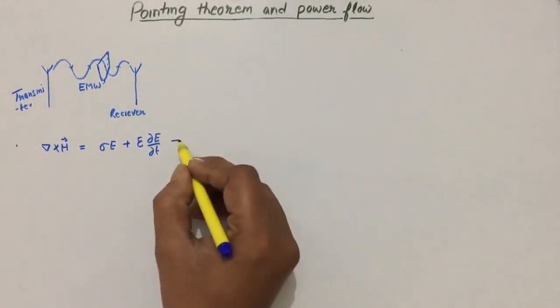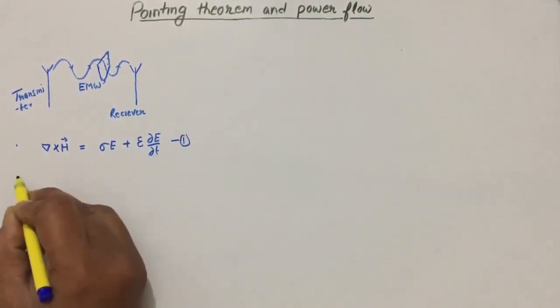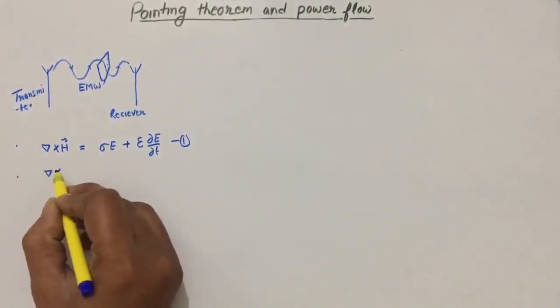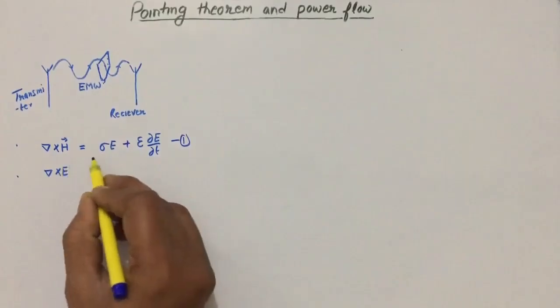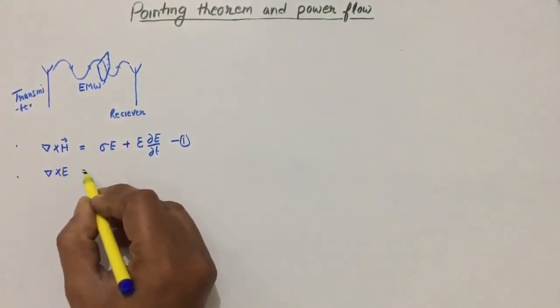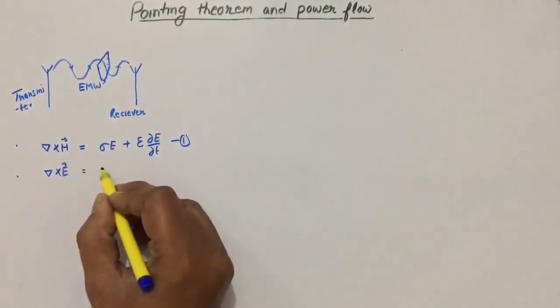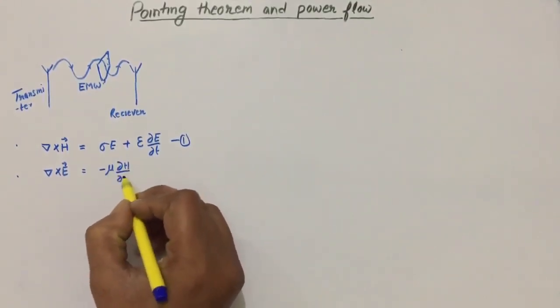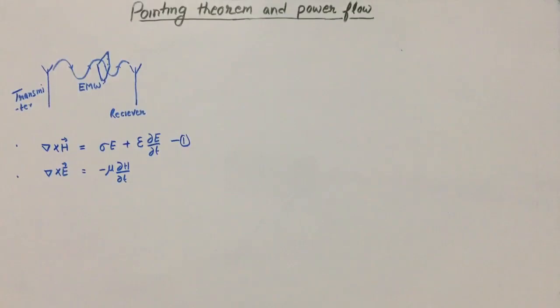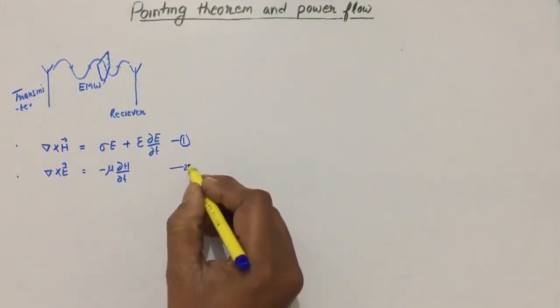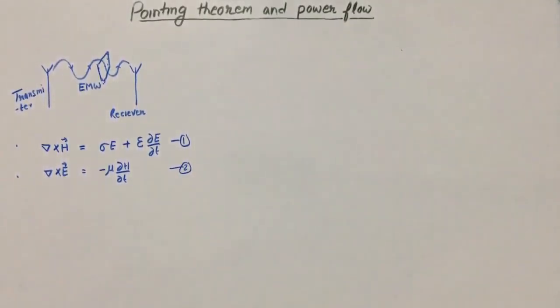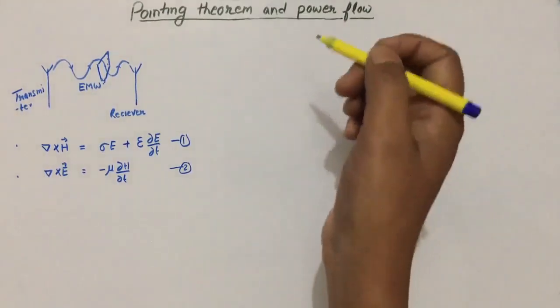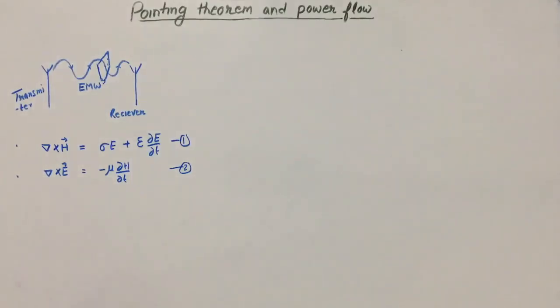And the next equation that we know regarding the electric field component, that relates E and H, is curl of E is equal to minus mu del H over del t, related to induction. This is the second equation. We know these two equations. Now let us apply some mathematics to find the power equation from these two equations.